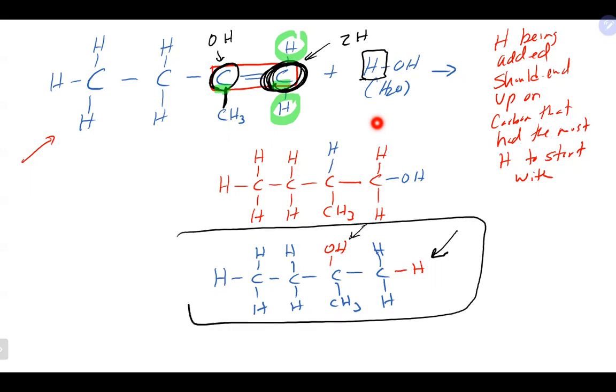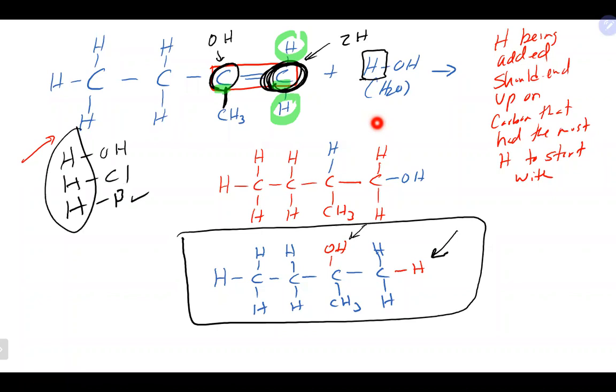So sometimes you do have an option as to where to put the H or the OH, and you always want to put the hydrogen on the carbon that started with the most hydrogen. That gives you what is sometimes referred to as the major product. The other one would be referred to as the minor product. When you draw things, you usually want to draw the major product. It happens only when you do these types of reactions where they're unsymmetrical. That means you're adding something like water, HOH, HCl, or HBr.